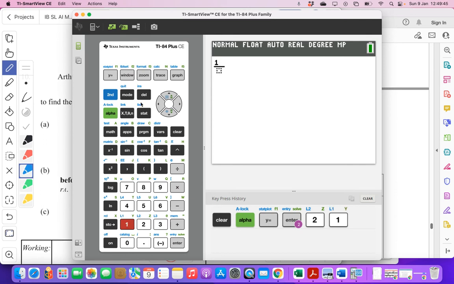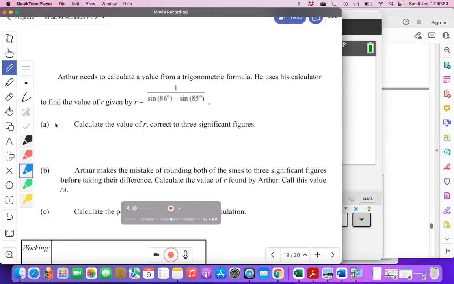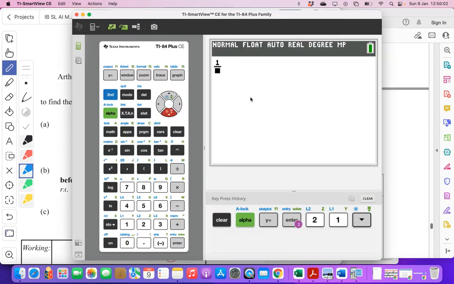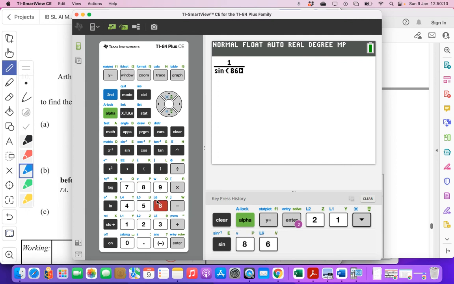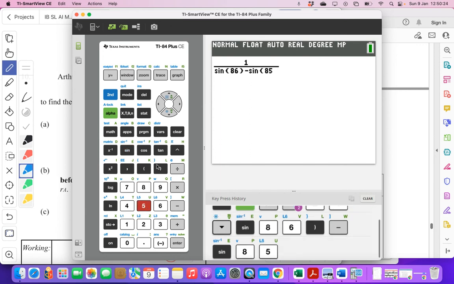So 1 divided by the sine of 86 degrees minus the sine of 85 degrees. So just make sure that you can round to 3 significant figures.